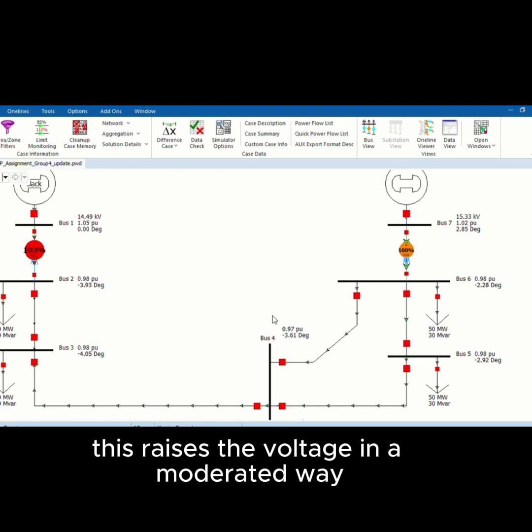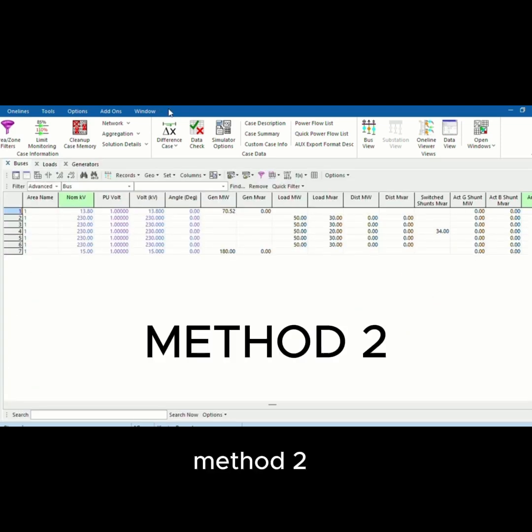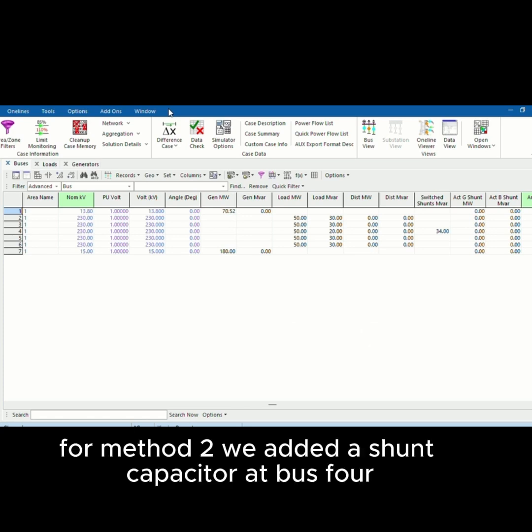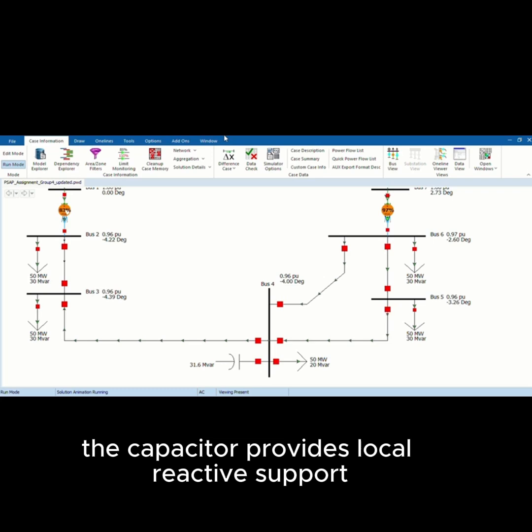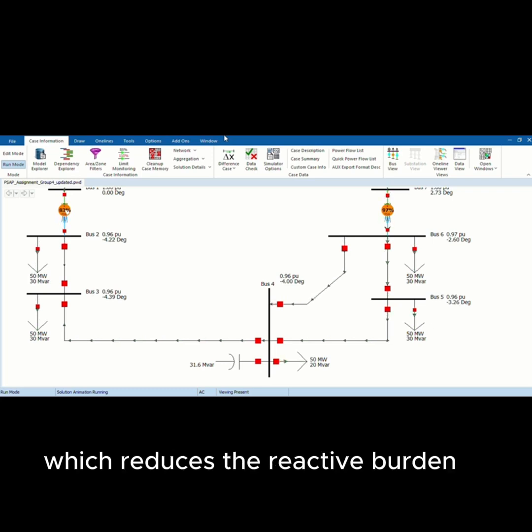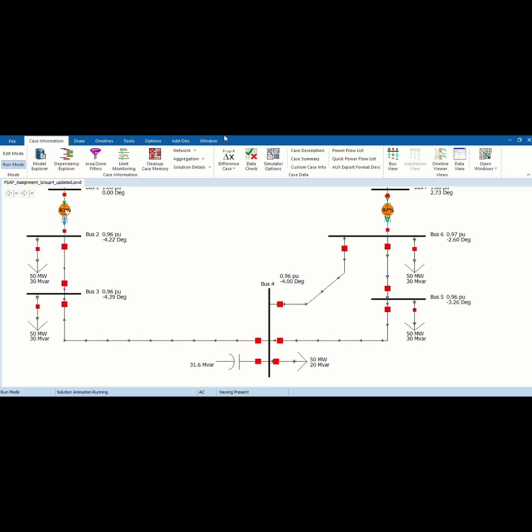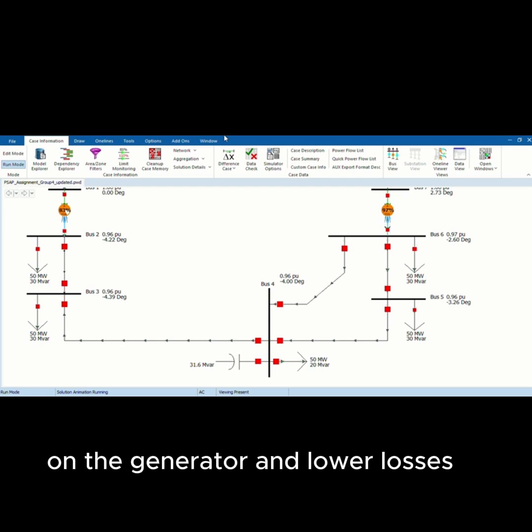This raised the voltage in a moderate way. Method 2, we added a shunt capacitor at bus 4. The capacitor provides local reactive support, which reduces the reactive burden on the generator and lowers losses.